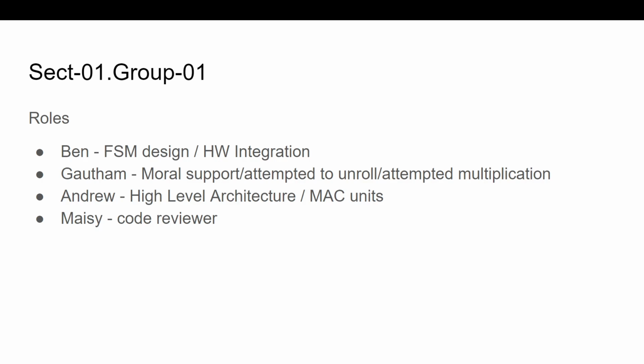That's what I did for this first part of the lab. I worked on some of the high-level architecture, finding which components we wanted to put together and in what order, and I also worked on the multiplier accumulator computation. I pretty much just read over the code and tried to understand everything that was going on.